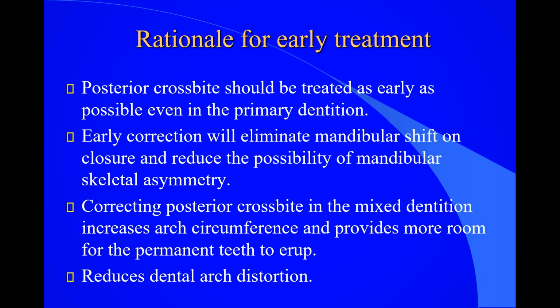Posterior crossbite should be treated as early as possible, even in the primary dentition. Early correction will eliminate mandibular shift on closure and reduce the possibility of mandibular skeletal asymmetry. Correcting posterior crossbite in the mixed dentition increases arch circumference and provides more room for permanent teeth to erupt, and reduces dental arch distortion.